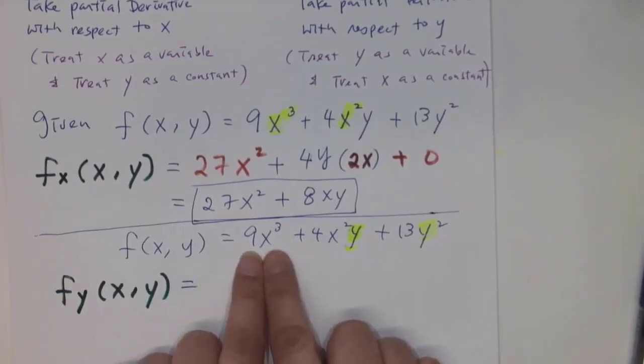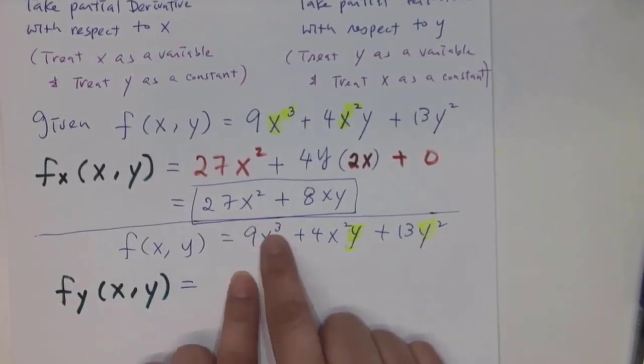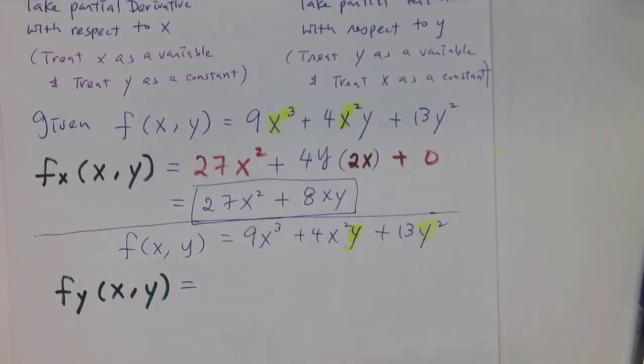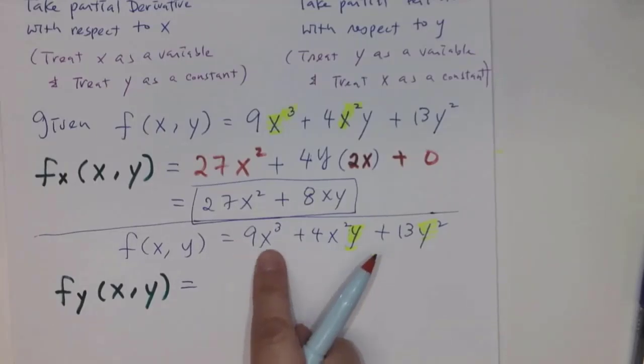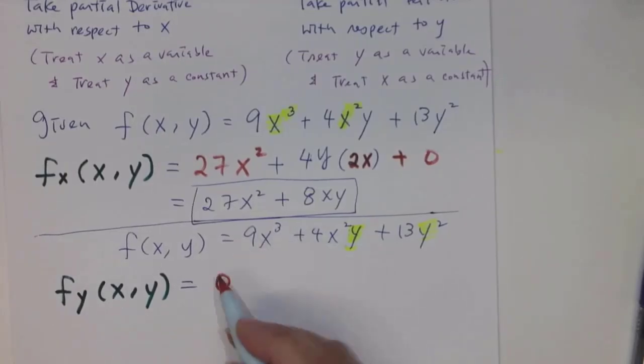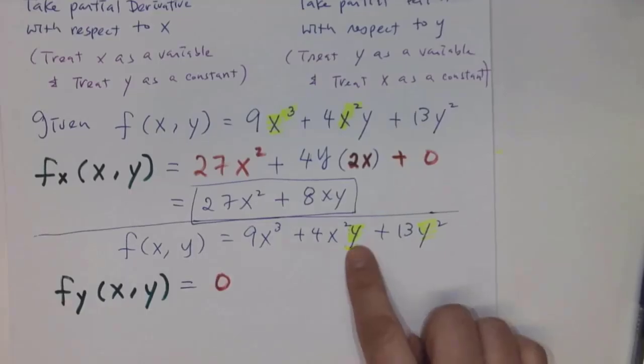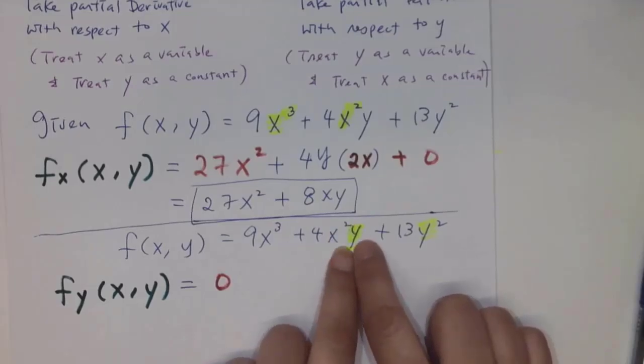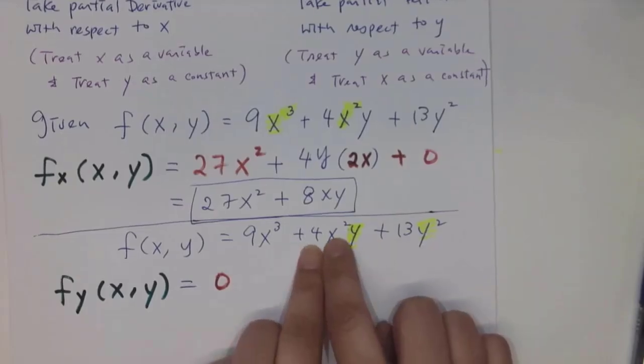X is constant, right? Meaning this whole thing is constant. It will turn into 0 here. Everybody okay? Both this number and x are constant, so this whole thing is 0. Okay, so now y is variable, but 4x squared is constant. So when you take the derivative of y, this will turn into just 1, but this is constant, right?